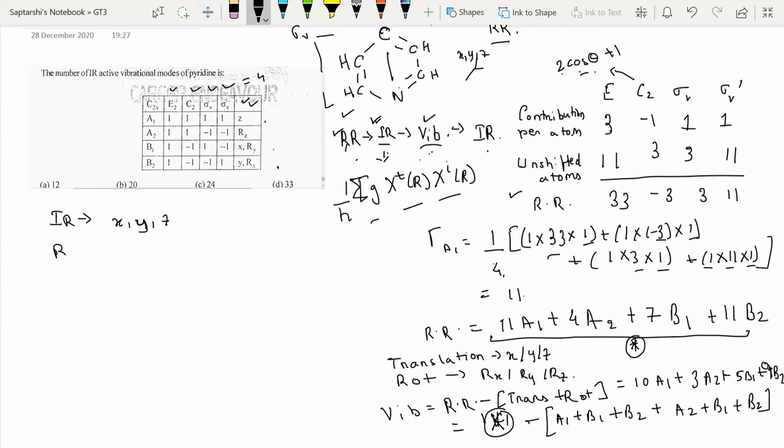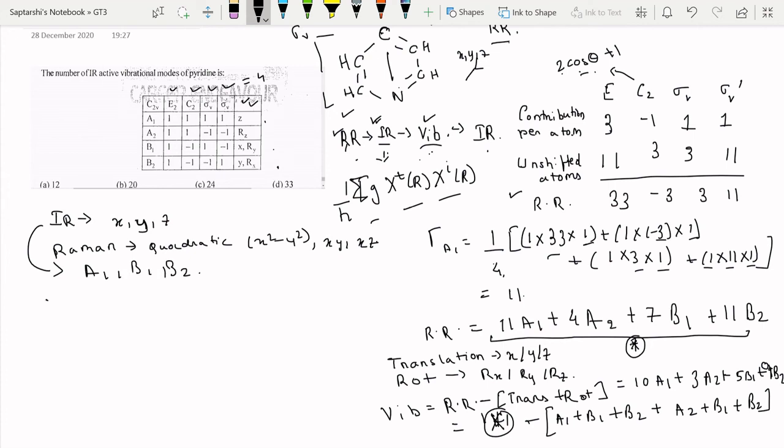And Raman active modes are the ones which have a quadratic one, like suppose x square minus y square, or even things like xy or xz. So over here, which ones are IR? The ones which have A1, B1 and B2.